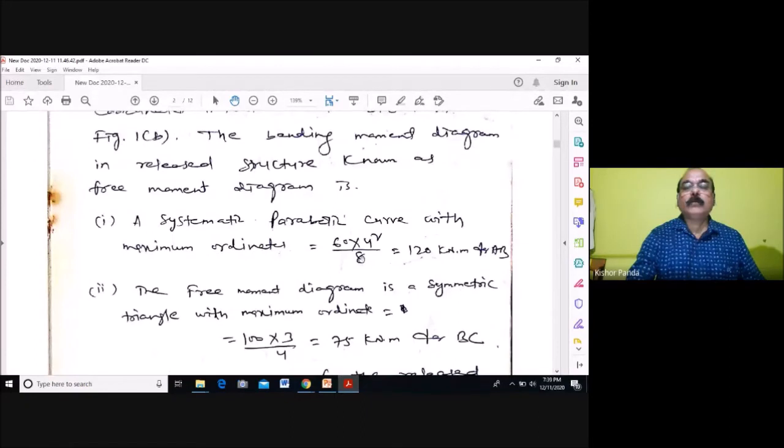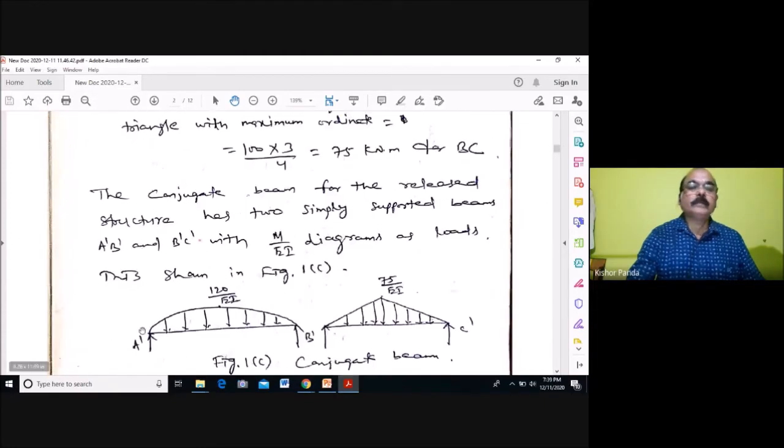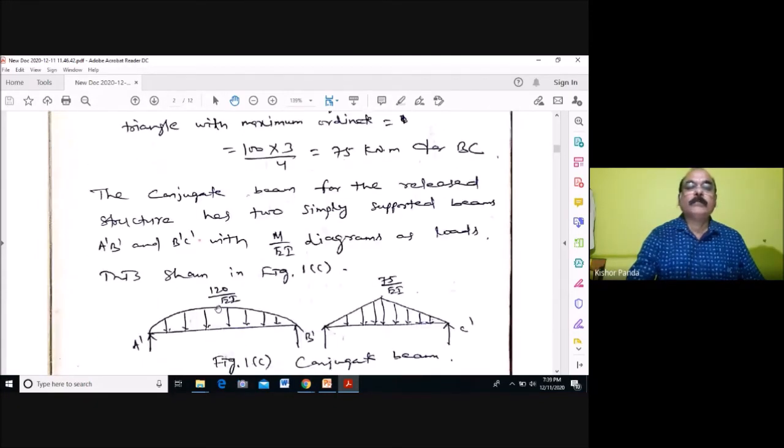Here WL square by 8 gives 120 kilonewton meter for AB. And the free moment diagram is a symmetric triangle with maximum ordinate WL by 4, 100 into 3 by 4, so this is 75 kilonewton meter for BC. This is for AB and this is for BC. So 120, the maximum bending moment, parabolic, and here triangular, with maximum bending moment 75.